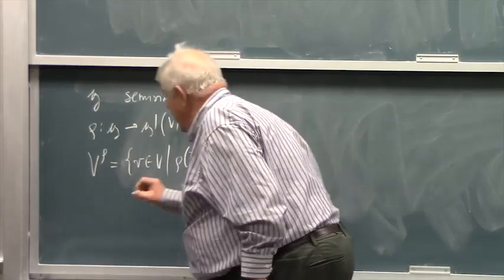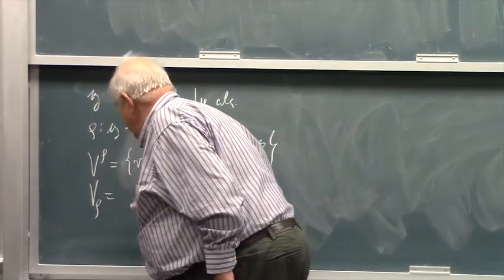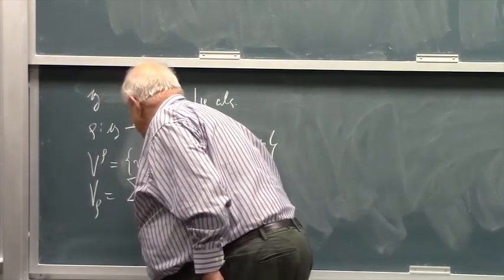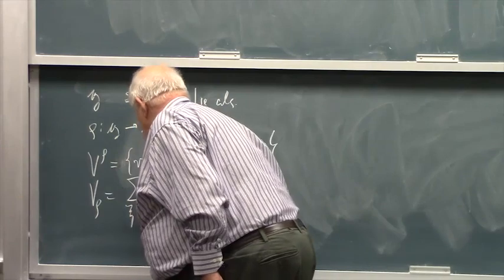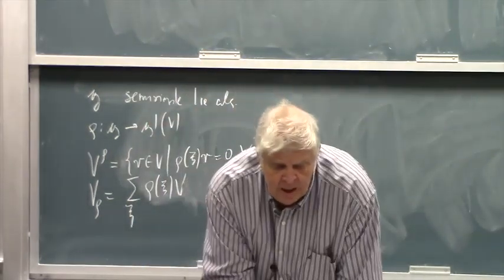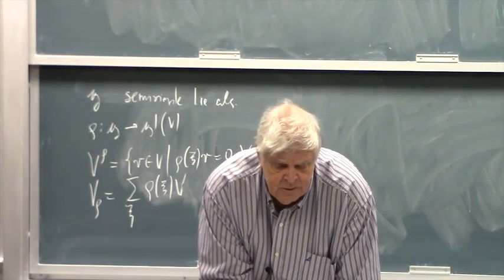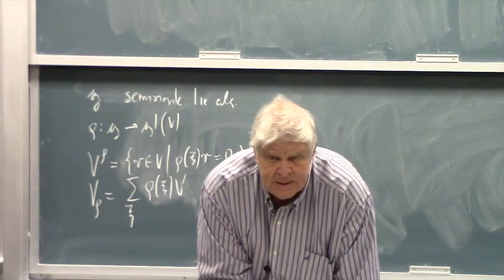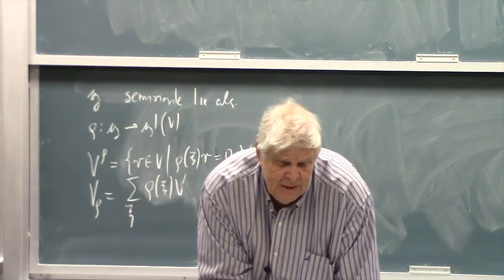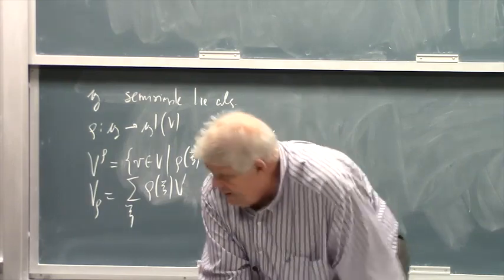And V sub rho is this: we take all elements of V, all elements of g, apply rho of x to v, we get some subset of V, and the span of the subset is V sub rho.